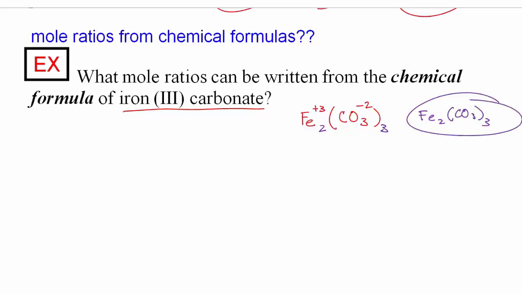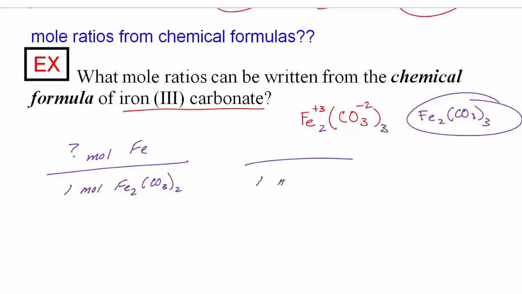What mole ratios can we write? Well, for every 1 mole of iron 3 carbonate, how many moles of iron do I have? For every 1 mole of iron 3 carbonate, how many moles of carbon do I have?